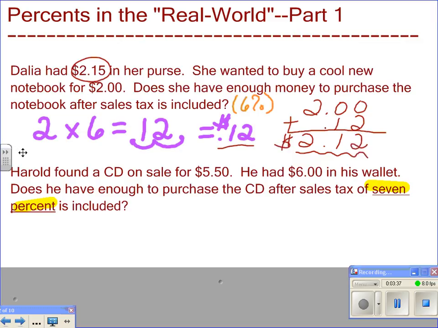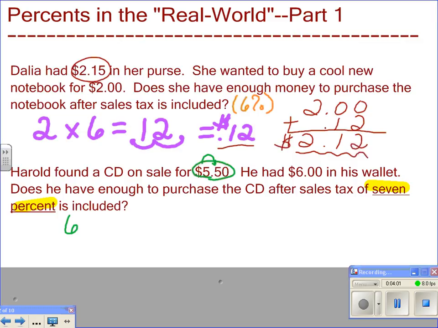Does he have enough? Again, I'm going to use this method of estimating what my total cost is going to be. The CD is $5.50. Okay, if this was a typical decimal, and I were to say round to the nearest whole, you would look to the number to the right. It's 5 or greater, so I'm going to go ahead and round $5.50 to $6.